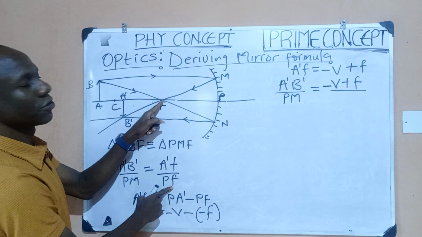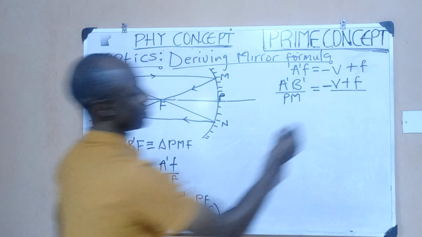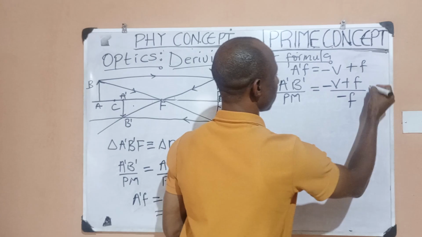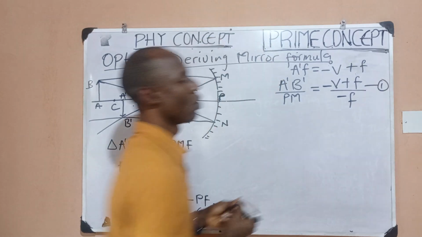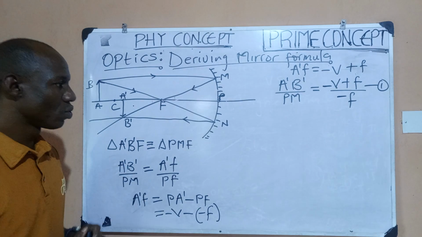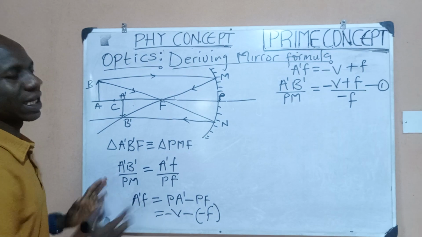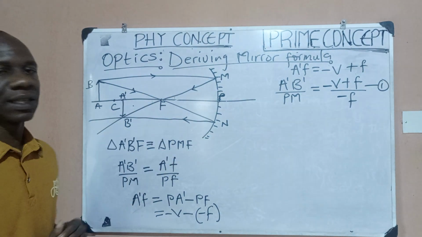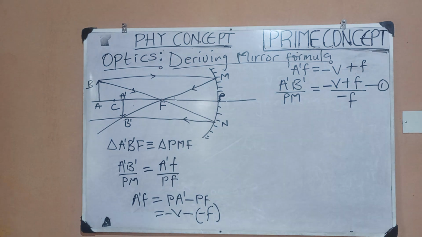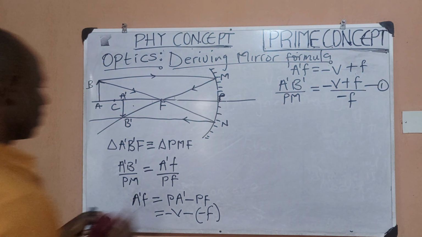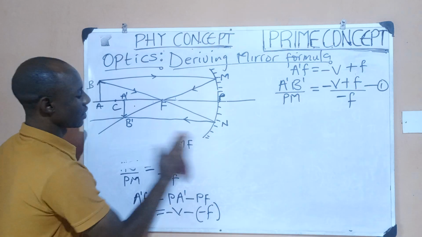What is PF? The focal length, which is negative. So negative F. I'm going to call this equation 1. Now I'm going to rub this so that I can still have space to repeat the same thing. Let me get my duster. So I'm going to rub this and repeat the process.